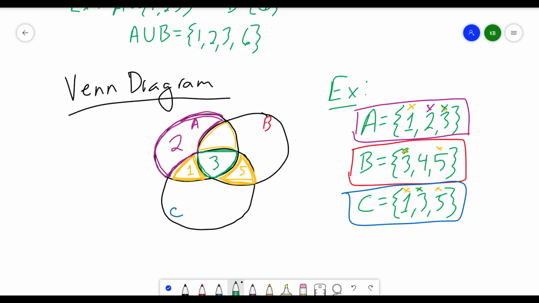Then I'll go to my B area that's in B, but not in any of the others. Does B have anything that's not taken care of? It does. It has a 4. So the 4 will go in that region. And then I'll finally come over to C, and I'll ask, is there anything that's in C that's not in A or B? And the answer is no, so I'll leave that one empty.